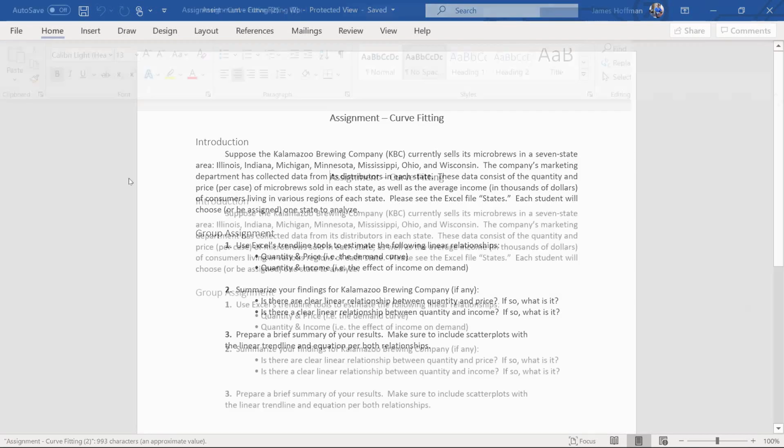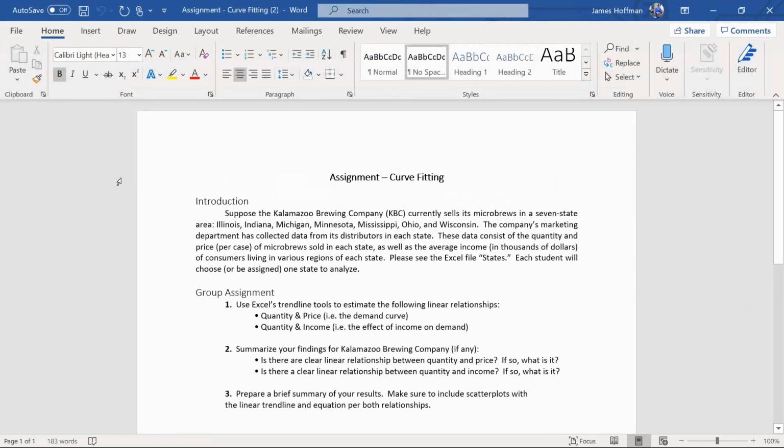All right, so I have some data from the previous textbook, which is useful here for doing supply and demand.